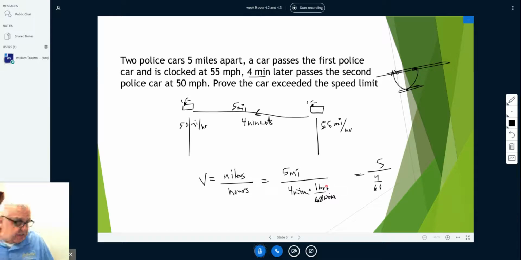So on your calculator, type in 5 divided by 4 divided by 60.